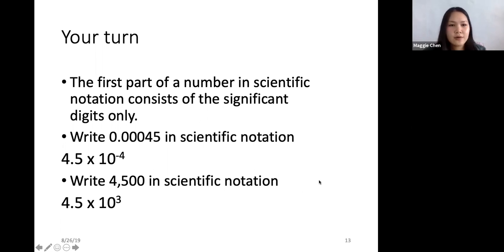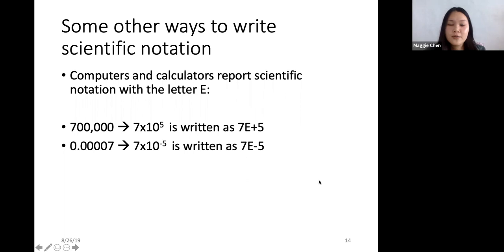Okay, so now there are other ways that we can also write scientific notation. Along with 10 to the power of whatever exponent, some calculators and some computers also report scientific notation with the letter capital E. So 700,000 can be rewritten in scientific notation as 7 times 10 to the 5, or it can be written as 7e plus 5.